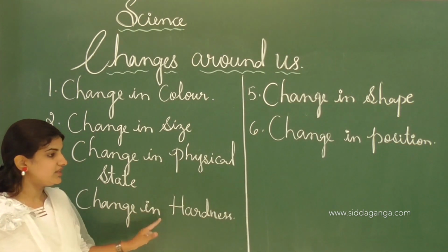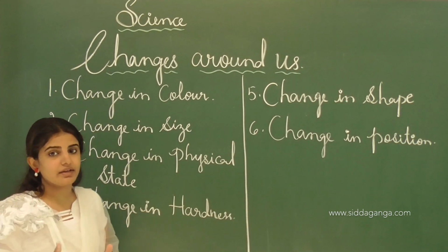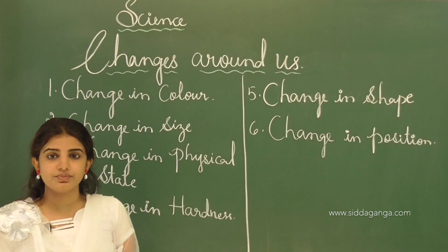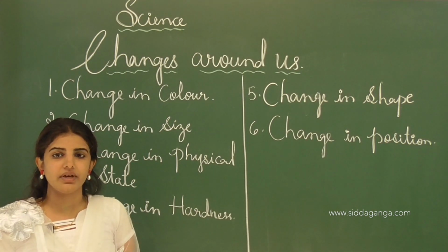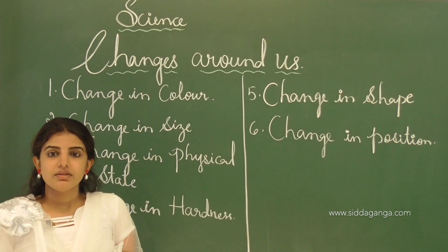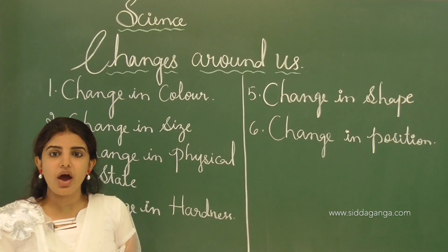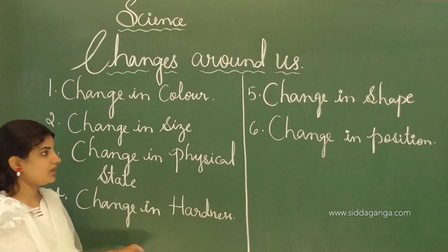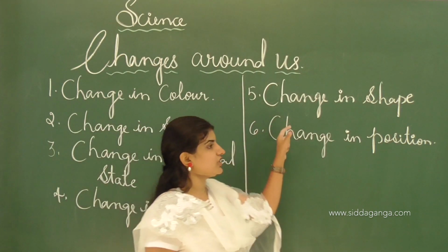Next one is change in the hardness. An example is the batter. For preparing a cake, the batter is smooth and soft, and after baking, the batter is converted into something hard. Like that we can say that change has taken place. And the next one is the change in the shape.